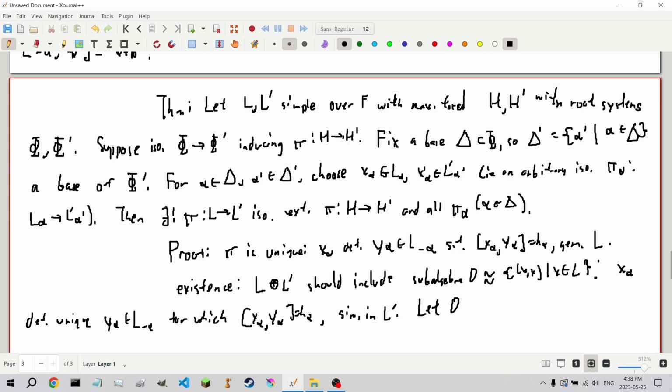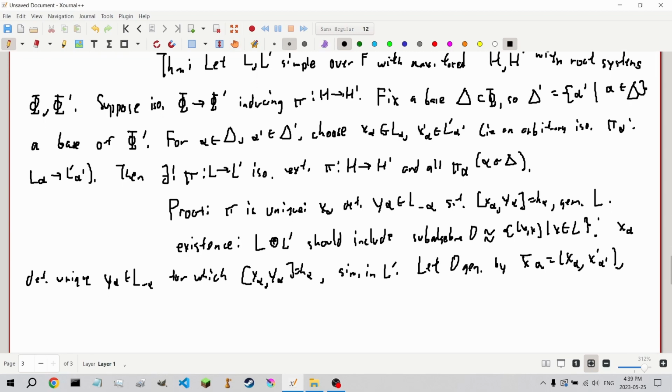So we let D be generated by x bar alpha being x alpha, comma x prime alpha prime, with corresponding y bar alpha being y alpha with y prime alpha prime, and h bar alpha being the collection of h alpha, h prime alpha prime.